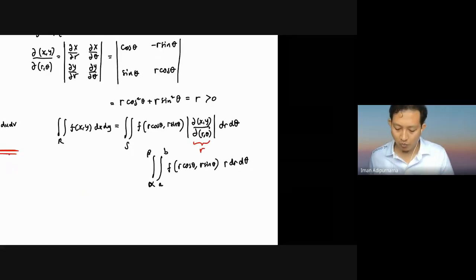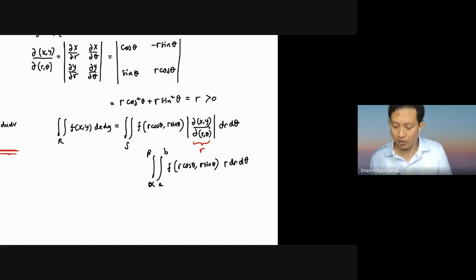So the Jacobian will be useful for finding relations if you connect any functions with different definitions. Okay, for example, you want to have a definition of other variables, and then you want to connect them to the xy plane, and you can also rewrite the xy into the other variables.